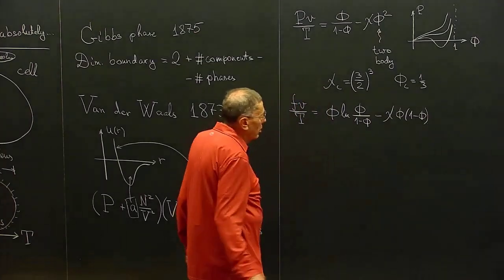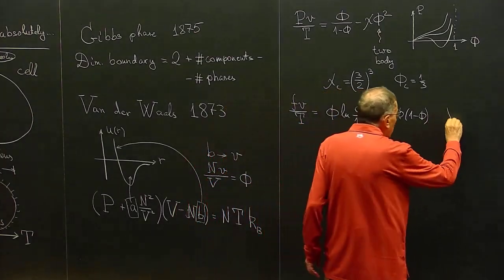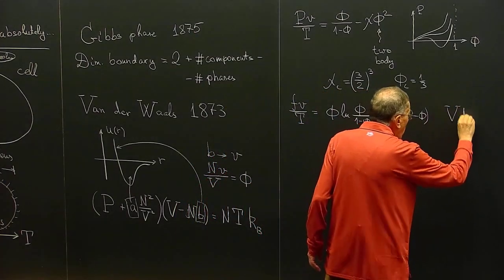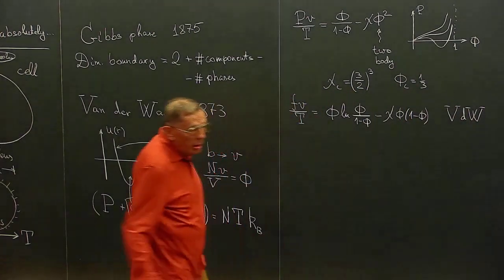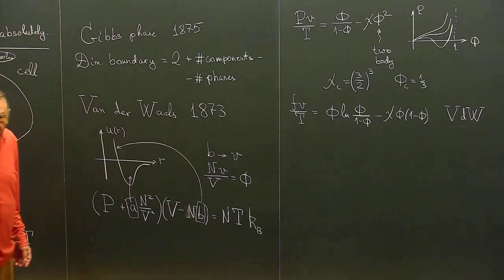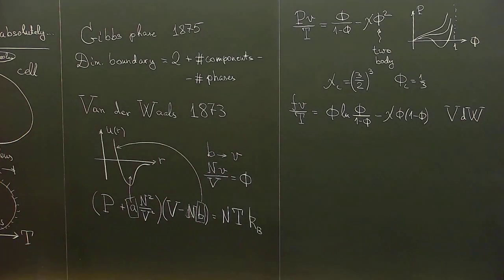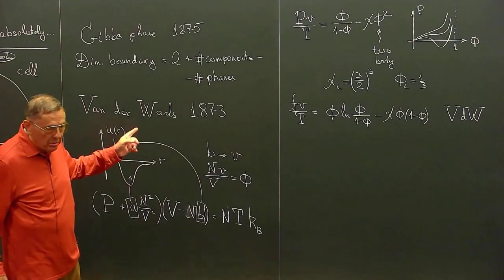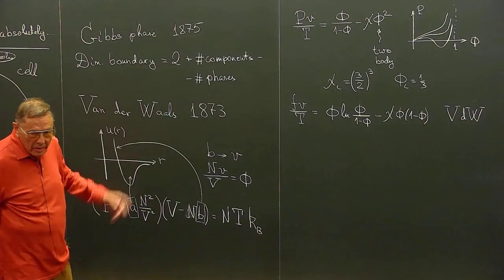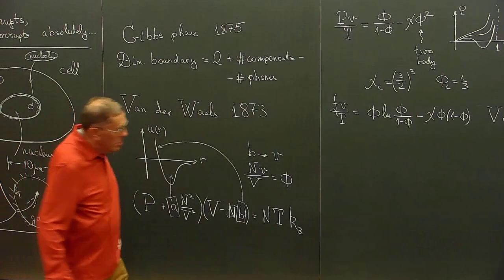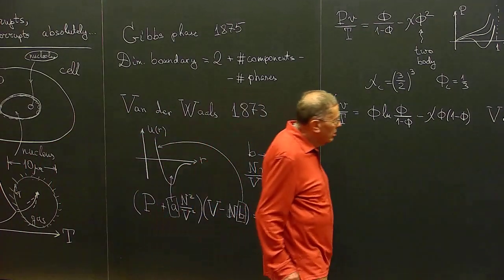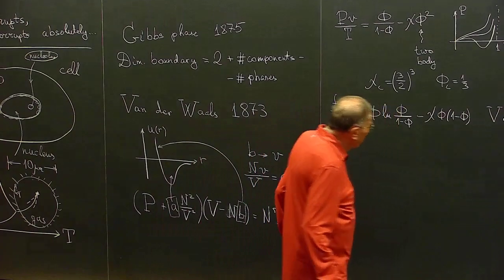Okay, so this is free energy of van der Waals gas. Nobody in the field of biological condensates ever uses this equation. Never. The reason is that there is a much better interpolation equation that people use, and I will explain to you why they use it.